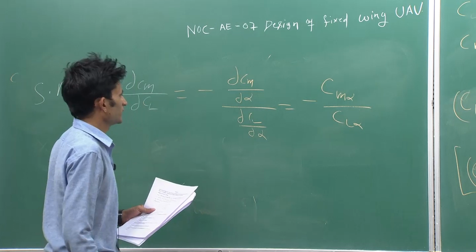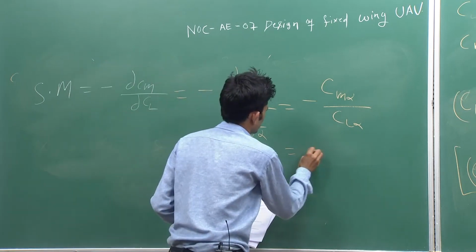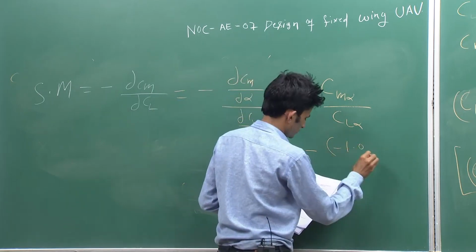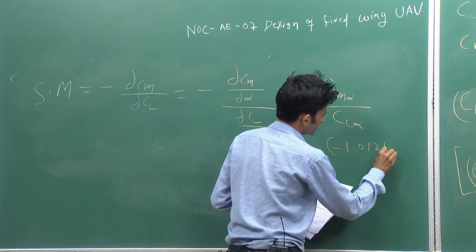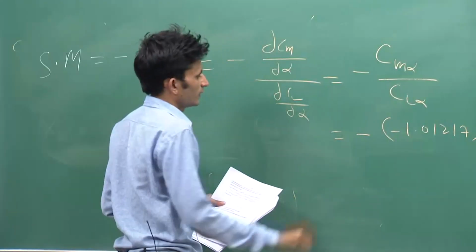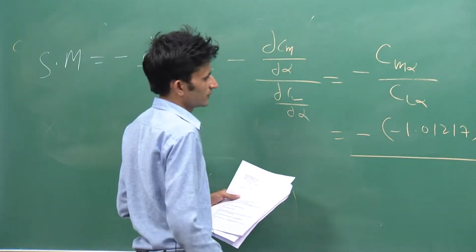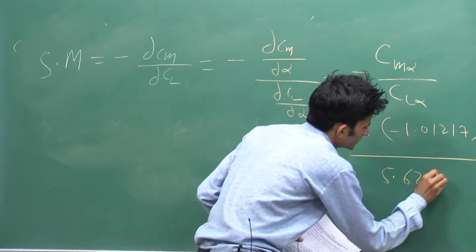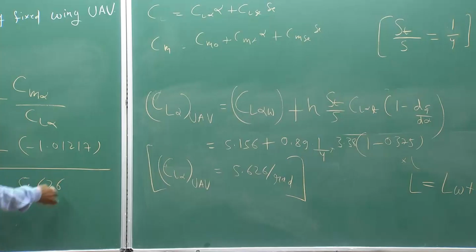So Cm alpha is given in the question, minus 1.01217, and CL alpha you have found out, 5.626 per radian. This is also per radian, this is also per radian.